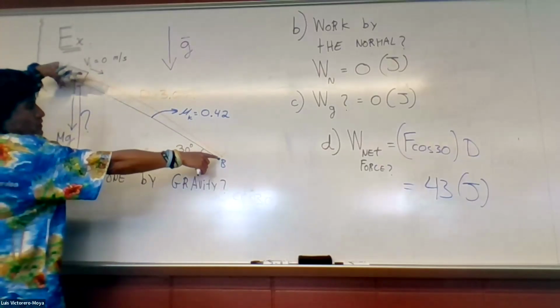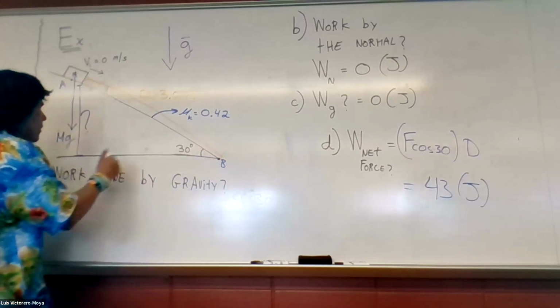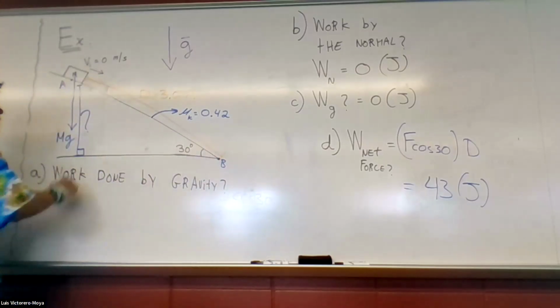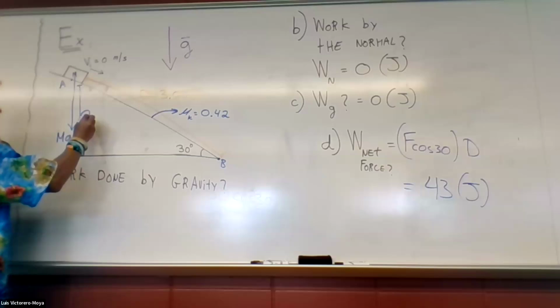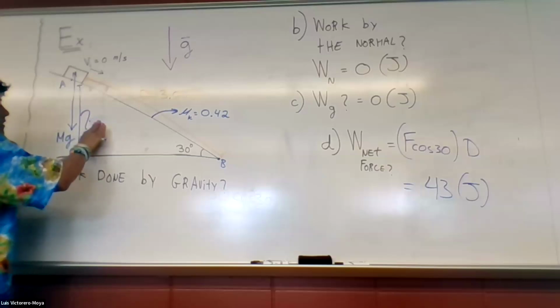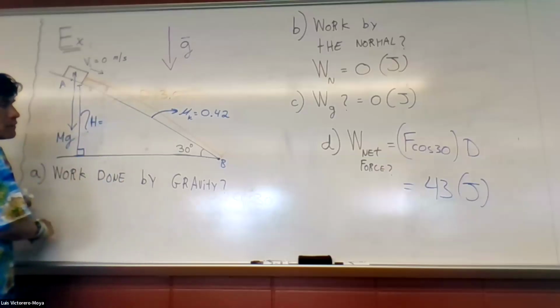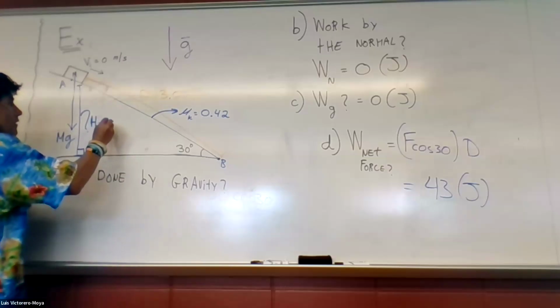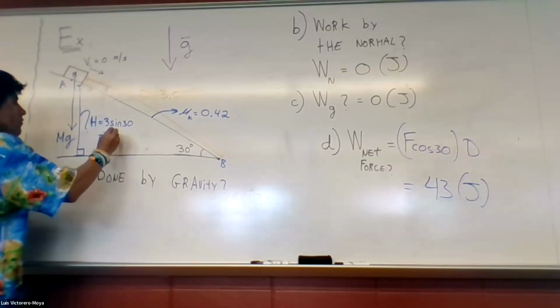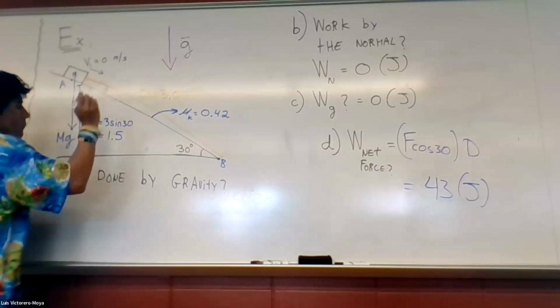And you are given the hypotenuse and the angle. So let's call this height H. This H is 3 sine 30, which is 1.5 meters.